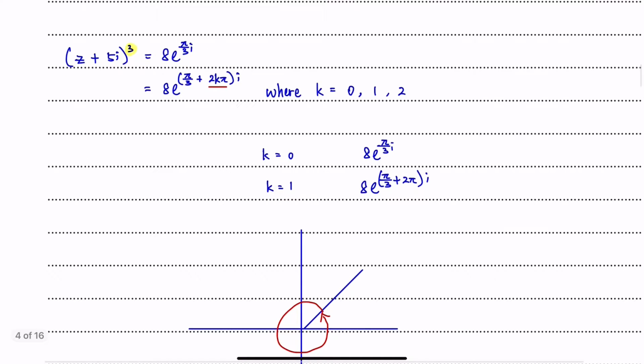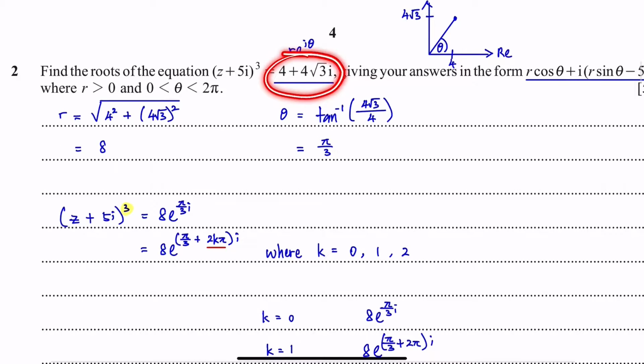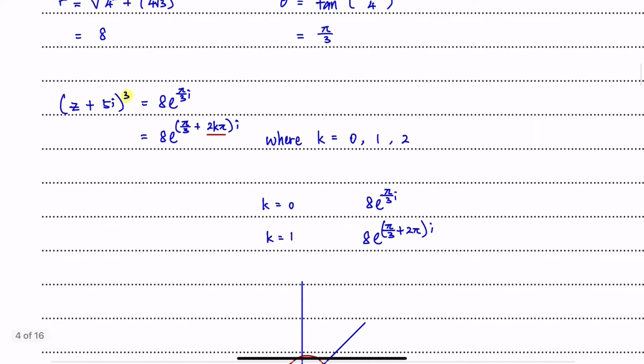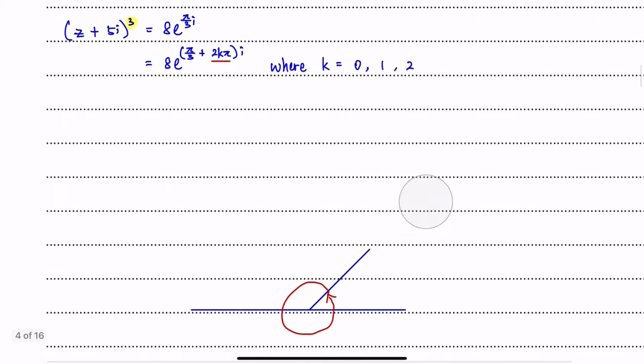That means you will still get this figure here. But when you solve for the root, you will get different answers. Because you have 3 roots, you will need k equals 0, 1, and 2 to get 3 different answers. If you didn't add this, you will only end up getting one answer for z. Okay, we will continue now.